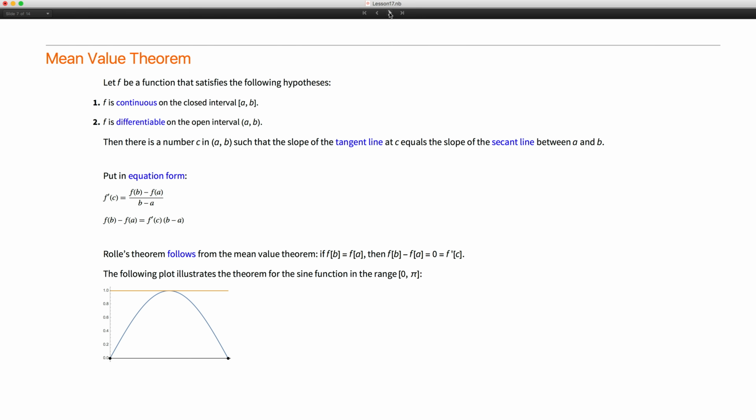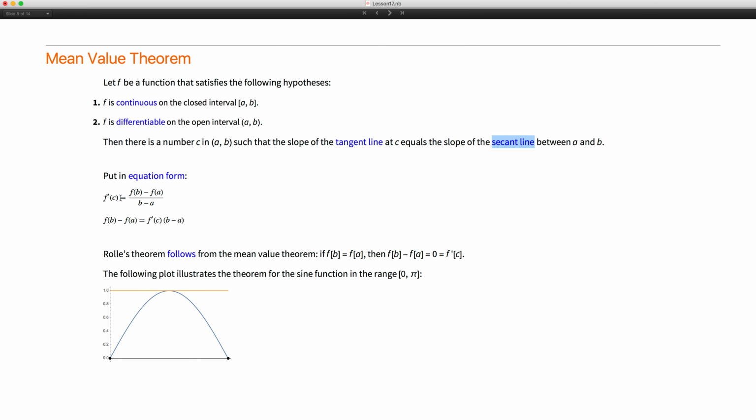So here is a formal statement of the theorem which says that suppose you have a function f that is continuous on a closed interval, differentiable on the open interval, in that case, there is a number c in the interval at which the slope of the tangent line equals the slope of the secant line joining the endpoints.